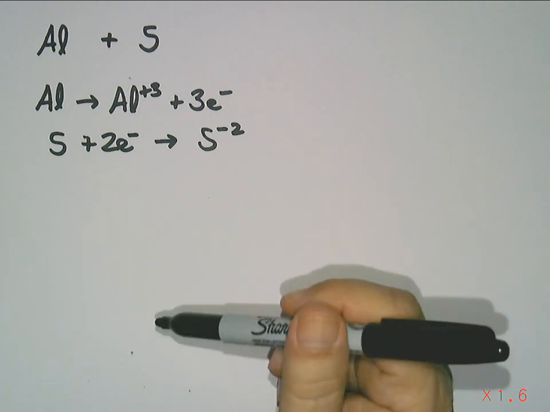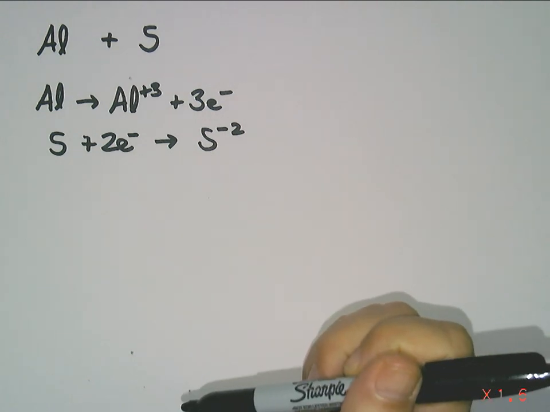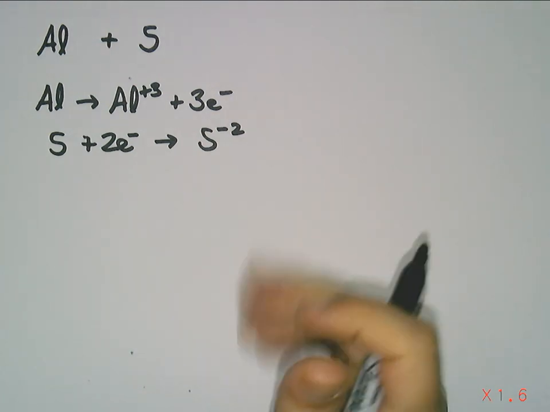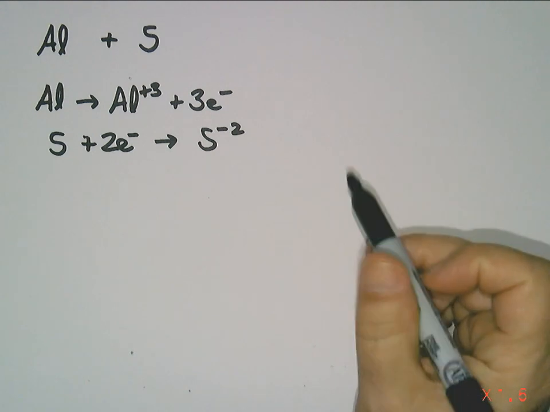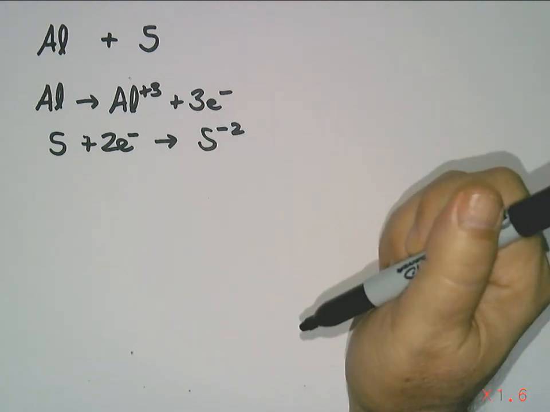These are equations, really, so you can multiply both sides by a constant and the equation still works. We did that with the fluoride equation, the F to F minus equation. We multiplied it by 2 to get things to work out. What can we multiply these equations by to get the electrons to cancel out?